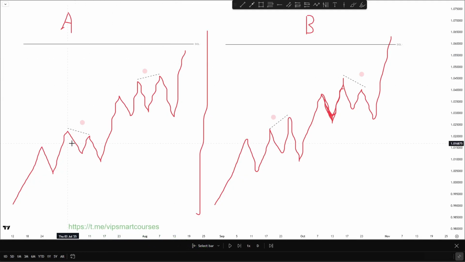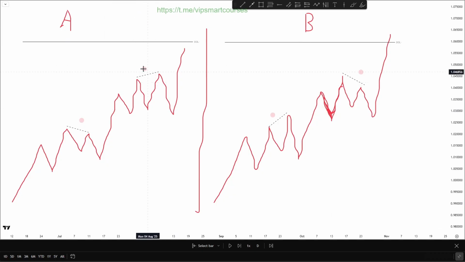In this case, you would have just ignored it instead of assuming that now we are going to form lower price action, because the context here is that the drawn liquidity is higher. Even though we have these two SMT divergences, you wouldn't have regarded them as valid ones, and you would have just ignored them.